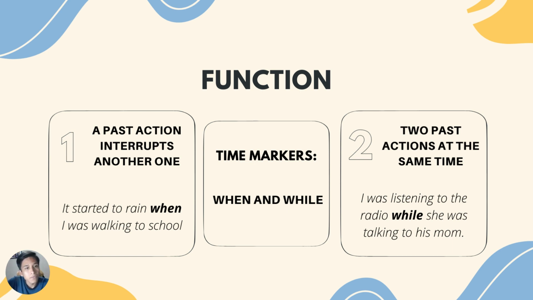Then the function of the past continuous tense is basically two of them. There are two principal functions of the past continuous that I wrote here. But first of all, we have to know that we use the time markers when and while.